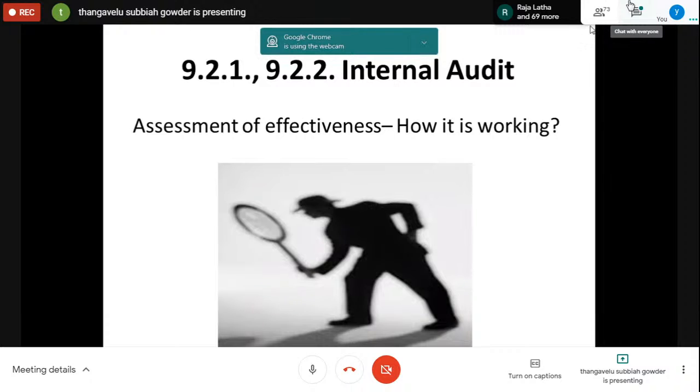These are the records you say that you will be maintaining. Have you maintained? In case you are not maintaining, what are the reasons? Whether it is required or not. Any record which is not required or which is not used by any of the people, we may not continue. Only thing, you need the justification for that.